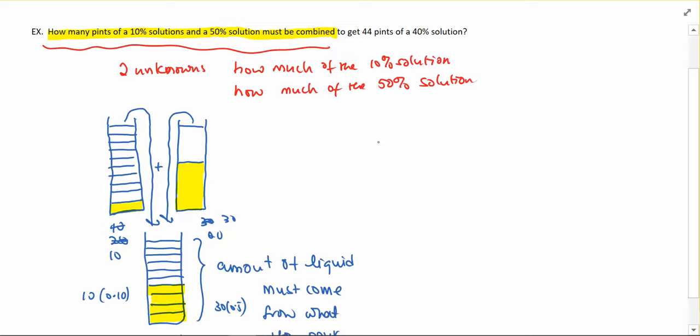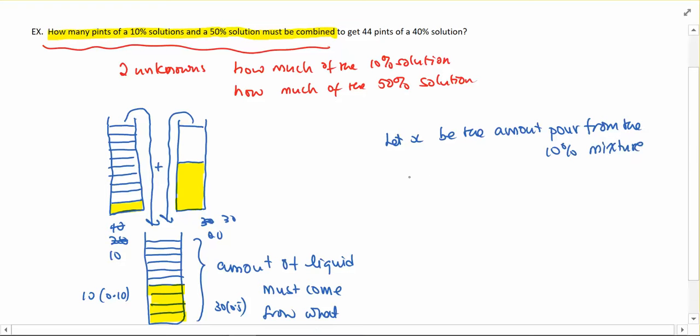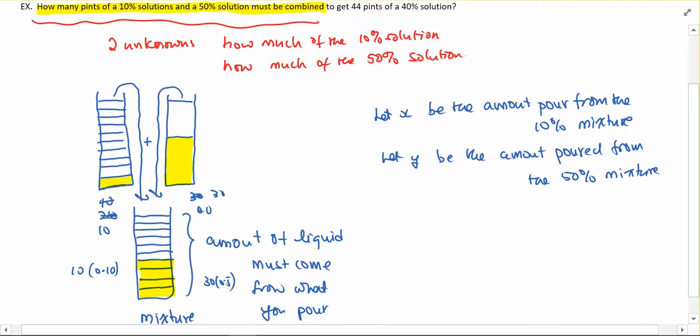So we'll start off by saying let X be the amount poured from the 10% mixture, and let Y be the amount poured from the 50% mixture.